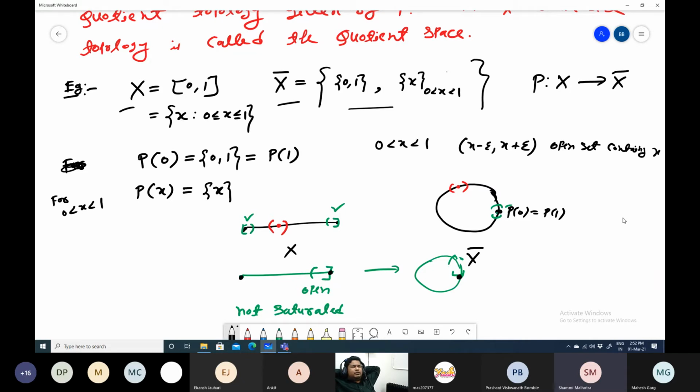Can we define a different function q, different from p, and define a quotient topology on y with respect to q, such that both quotient topologies on y will be the same?